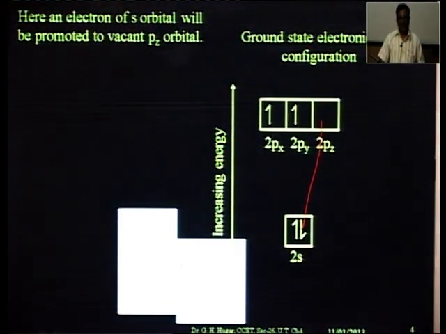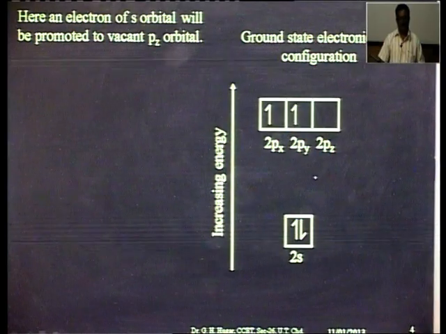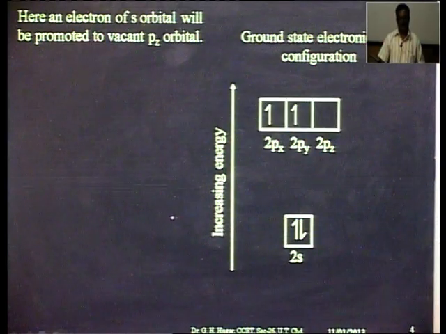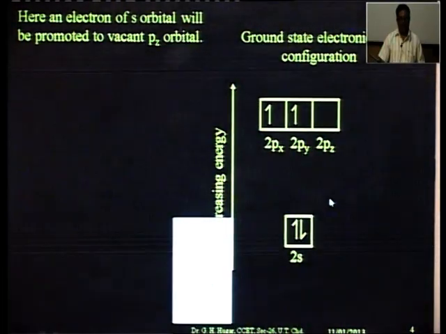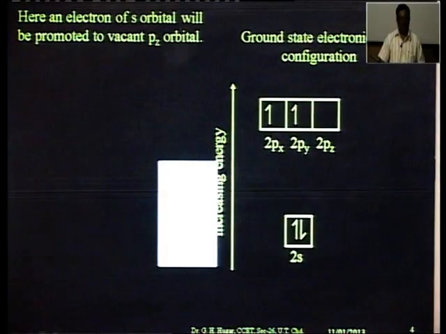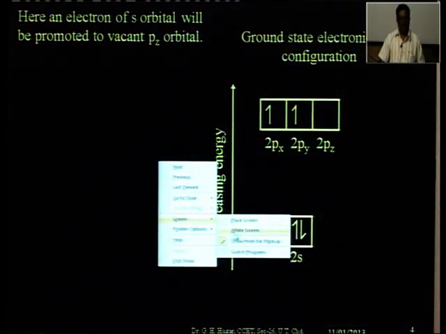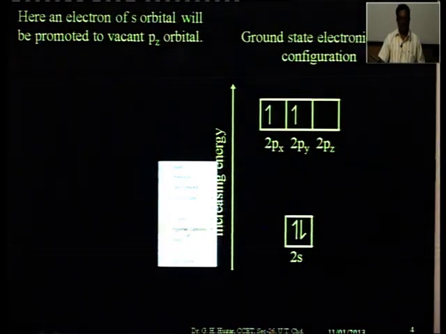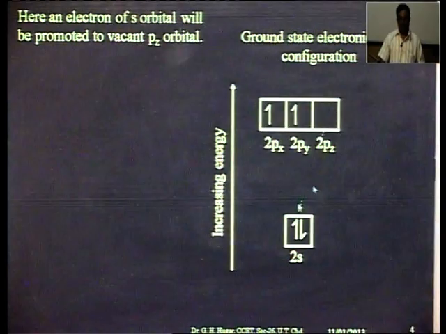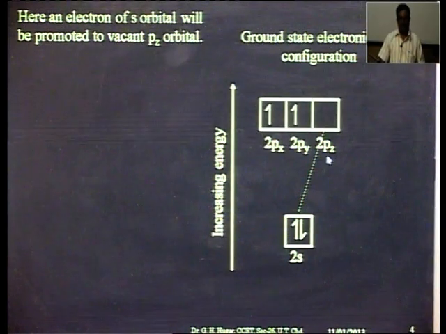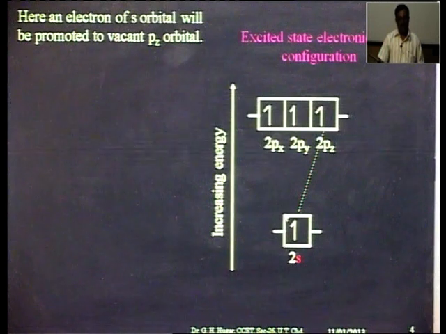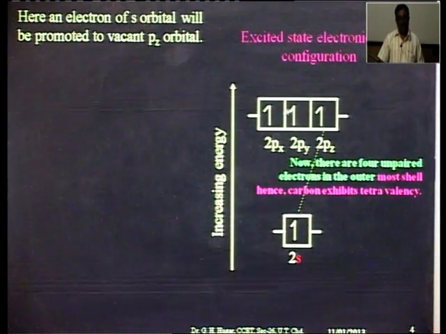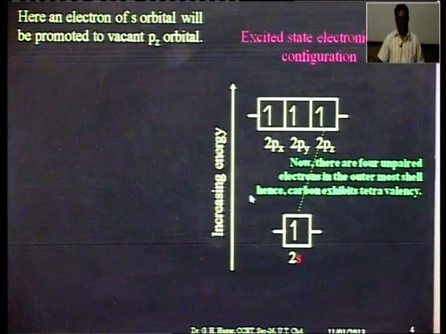So, what happens when this takes place? We have to see the electronic configuration again when the excitation takes place. This is the excited state electronic configuration of carbon, and now there are 4 unpaired electrons in the outermost shell.